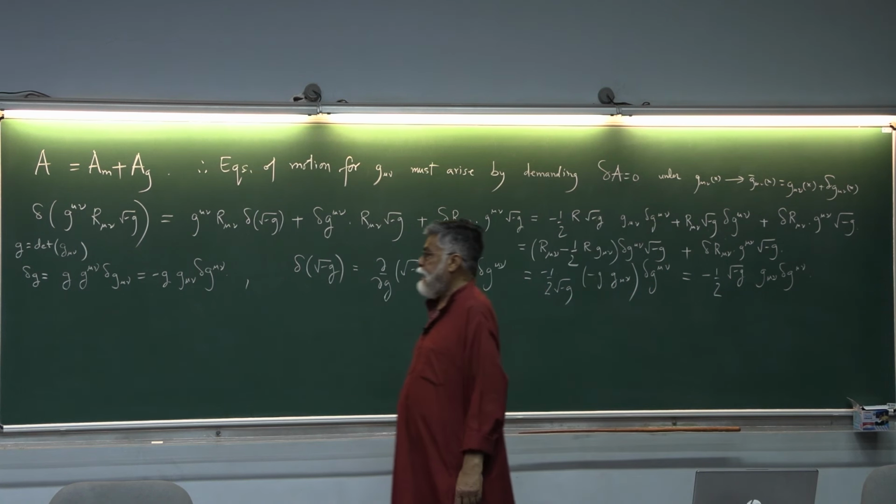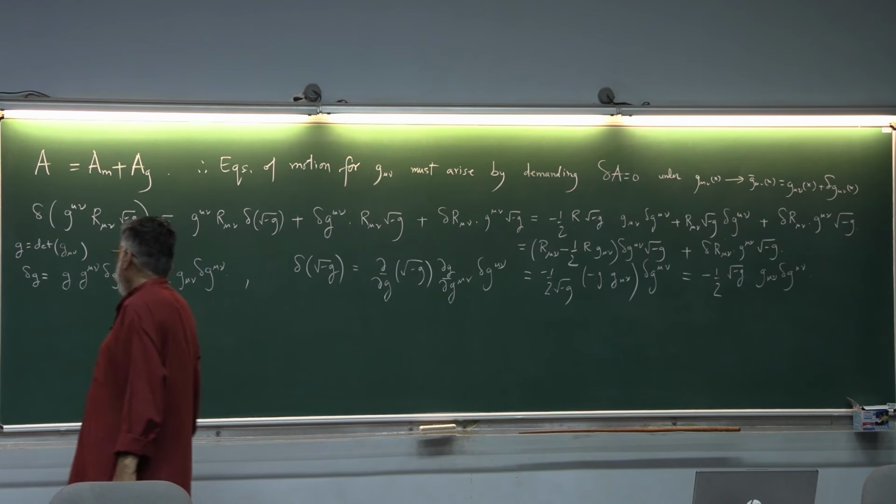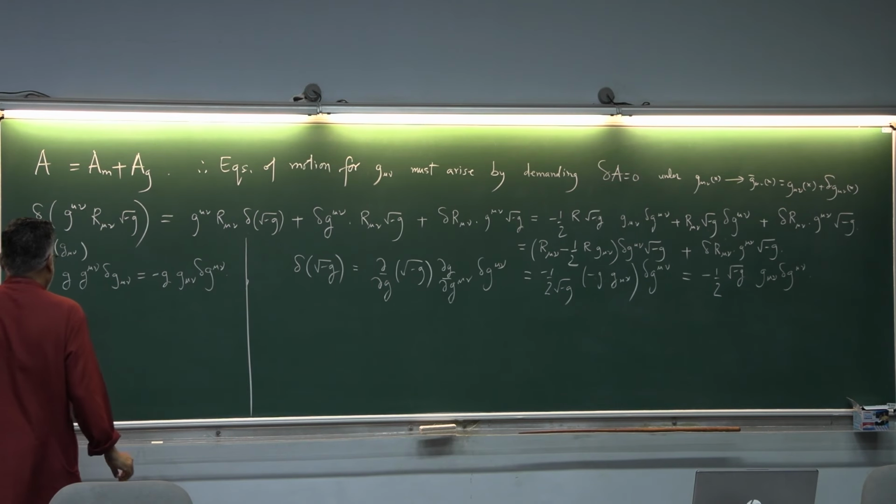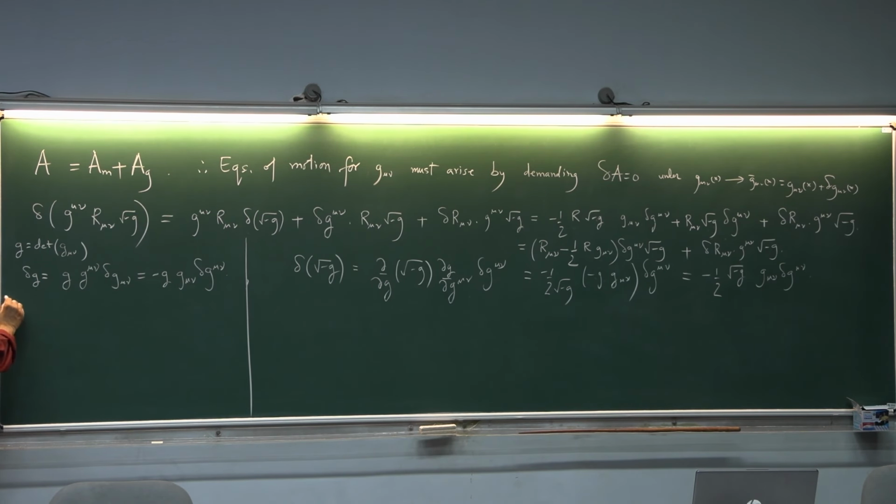Now let's go back to the expression for R mu nu. R mu nu by definition is take the Riemann curvature tensor and contract the top index with the second index. That is our convention. Some people put it with a negative sign, but then there will be a negative sign for the Einstein equation overall.